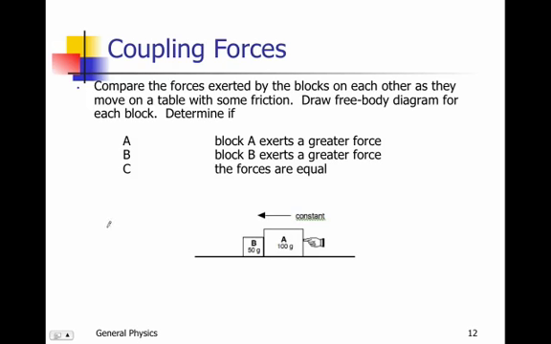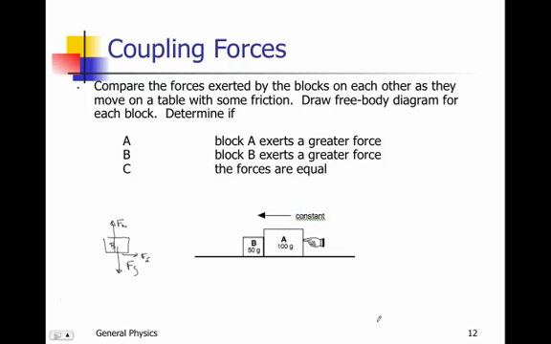Free body diagram. Let's see how this is going to look. So here's block B. We have the force of gravity. We have a normal force, which could be equal and opposite to gravity. It says that there is some friction, so there's going to be some friction here, resisting motion.